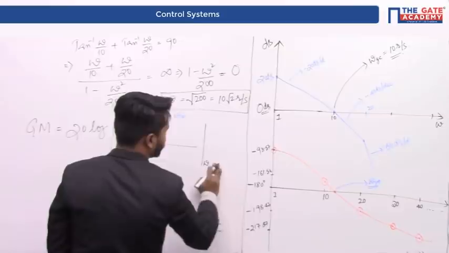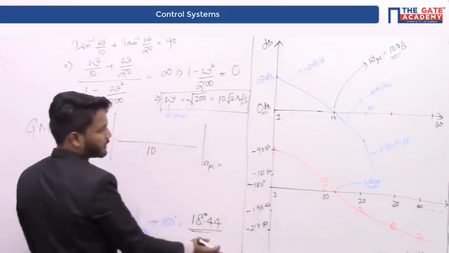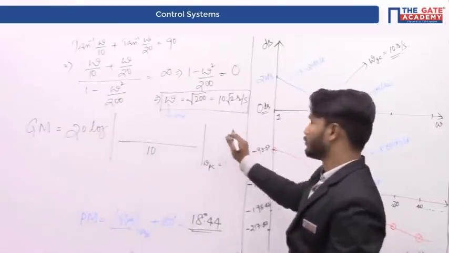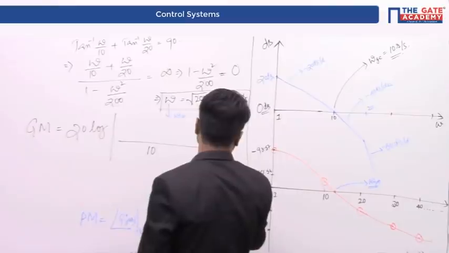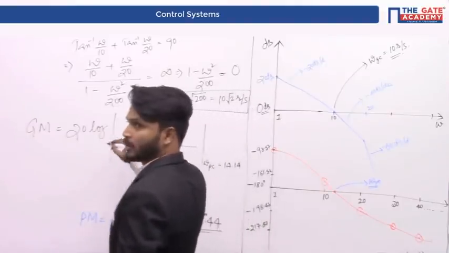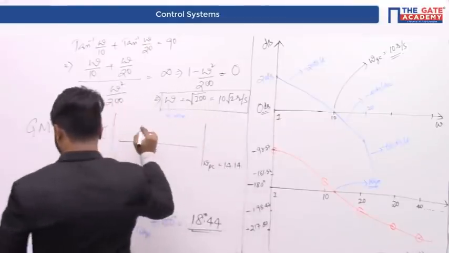What is omega PC? Omega PC, we already got it, 10 root 2, that means 14.14.